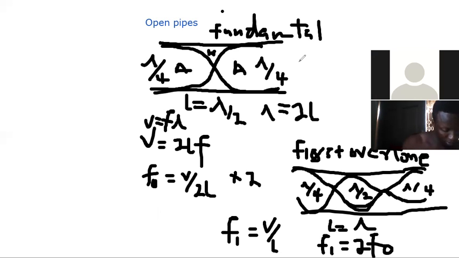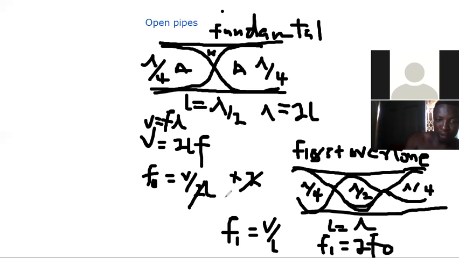So I don't understand how, because we said F1 is equal to V all over L. Yes. F0 is equal to V all over 2L. So if you want to relate it in terms of F0 and F1, then you have to multiply this by 2, because when we multiply this by 2, the 2 cancels this.